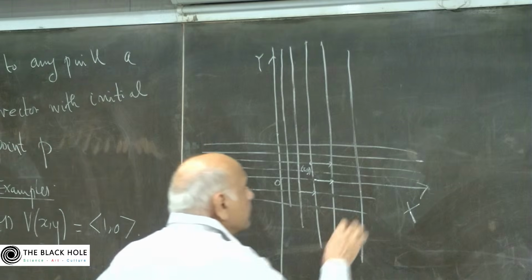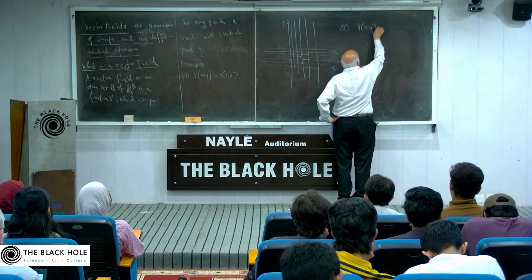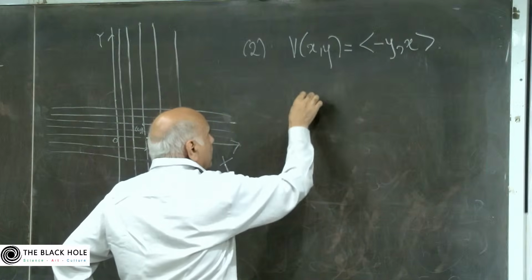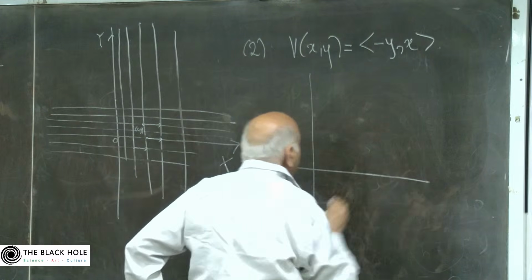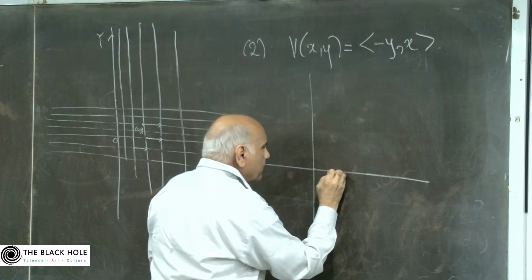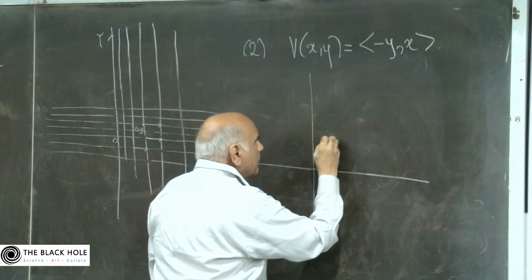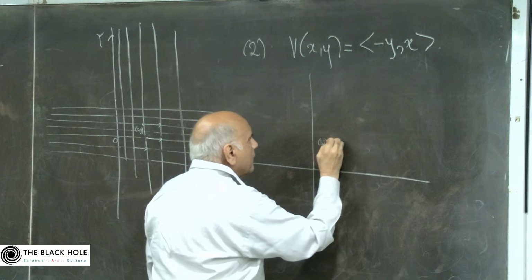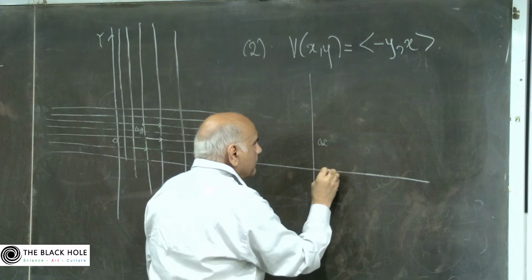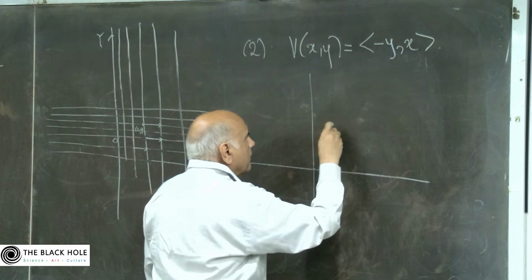Then let's take another example. V of (x, y) is equal to (minus y, x). Okay, so let's take the point (1, 2).